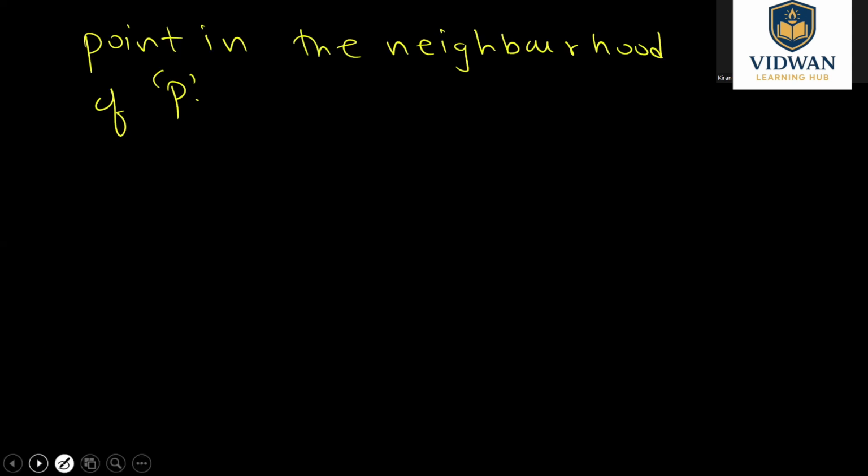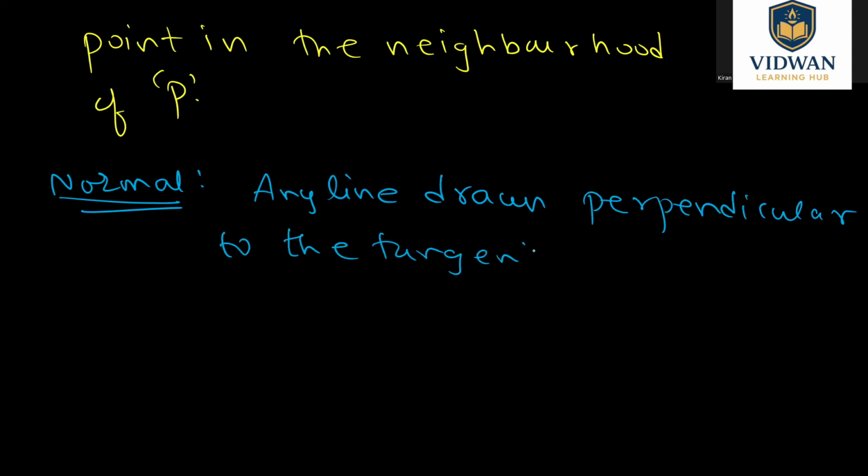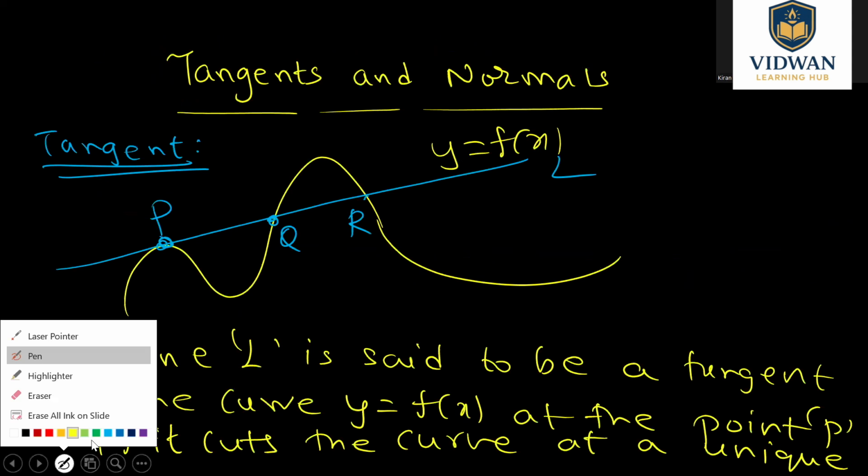And coming to normal, any line drawn perpendicular to the tangent at P to the curve y equal to f of x is known as the normal at P. So if you have to draw a normal, I'll just draw it in green color.